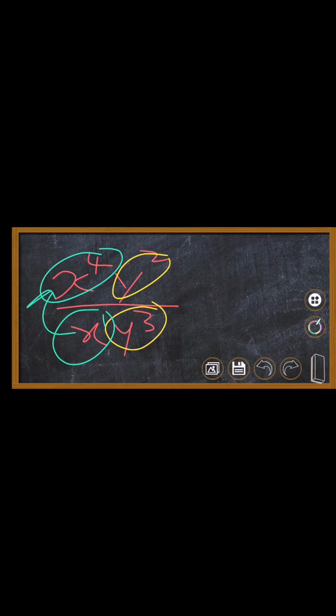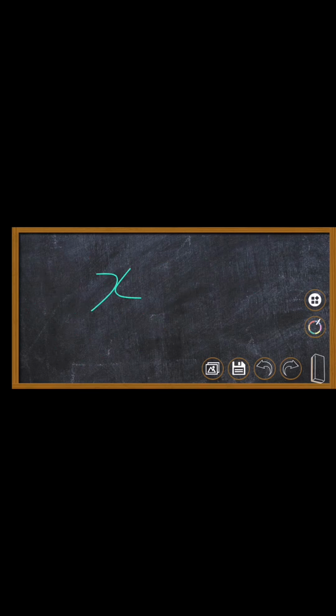It goes up because it's the smaller one, right? So the answer is going to be x to the power of 3 on top, because we said 4 minus that 1. And then this y squared is going to move down because it's smaller, so it's going to be y. 3 minus 2 is 1. So our answer is going to be x cubed, or x to the power of 3 over y. And that's going to be our answer.